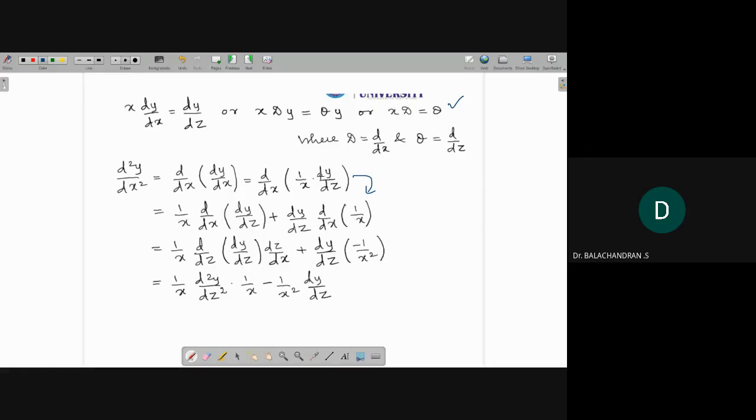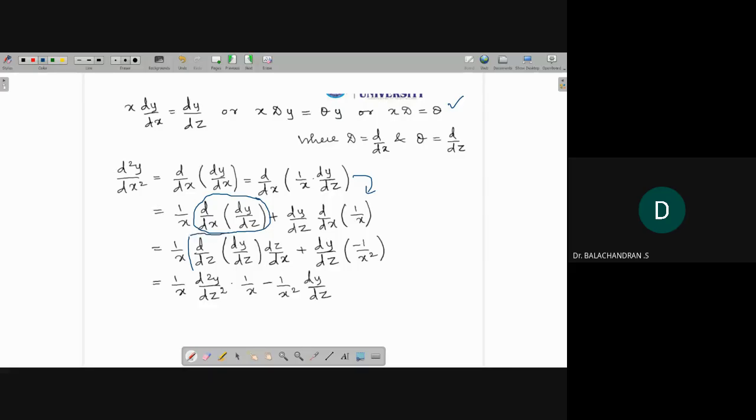If you differentiate dy by dz with respect to x, that is 1 by x into d by dx of dy by dz, plus v, which is dy by dz, times the differentiation of 1 by x. Now 1 by x into d by dx of dy by dz is same as d by dz of dy by dz into dz by dx.